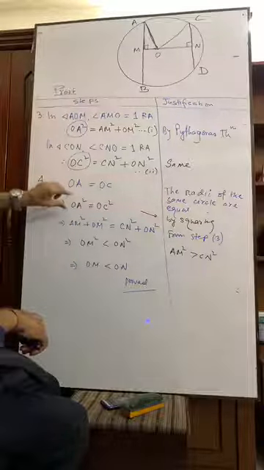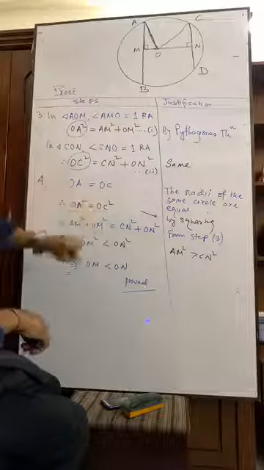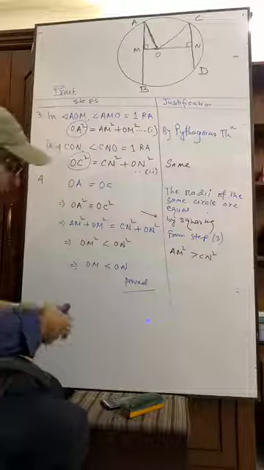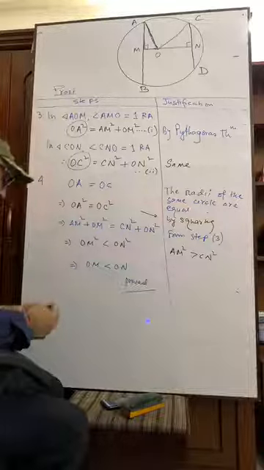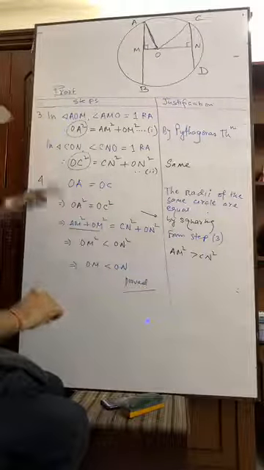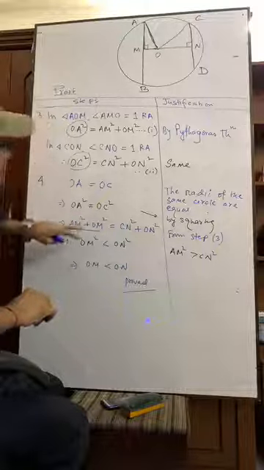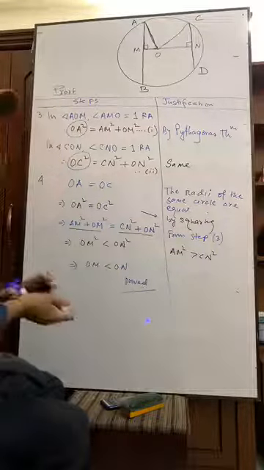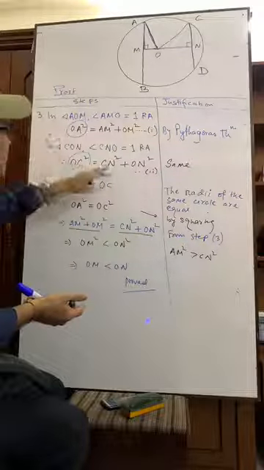I have squared both the sides here. Now I have just put the values here, obtained from step 3, and this is also obtained from step 3.